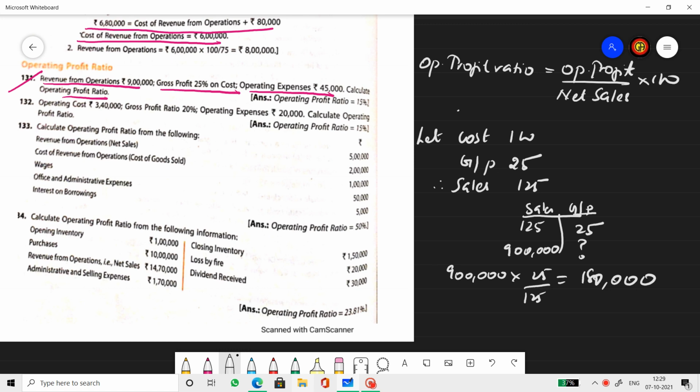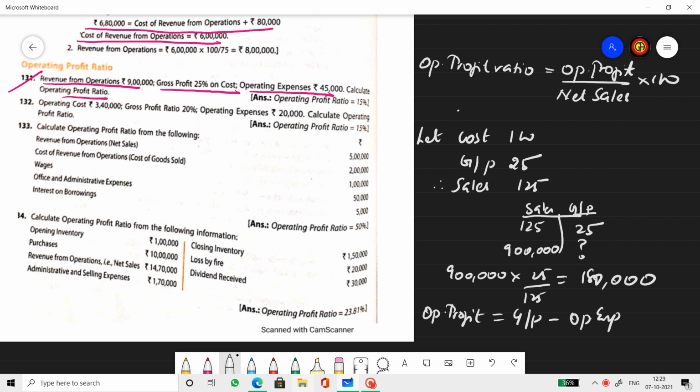Now once you get the gross profit, minus operating expenses is your operating profit, isn't it? So operating profit is gross profit minus operating expenses.